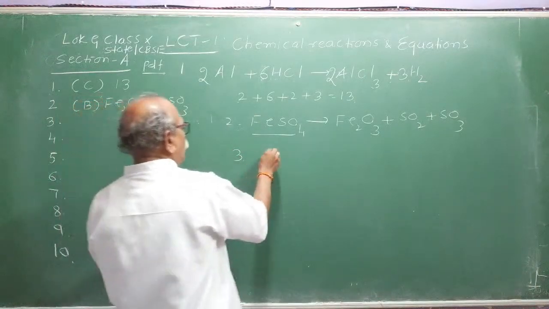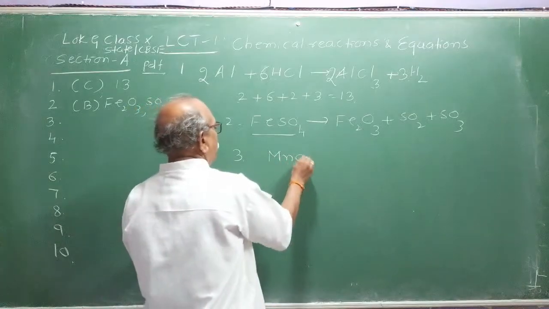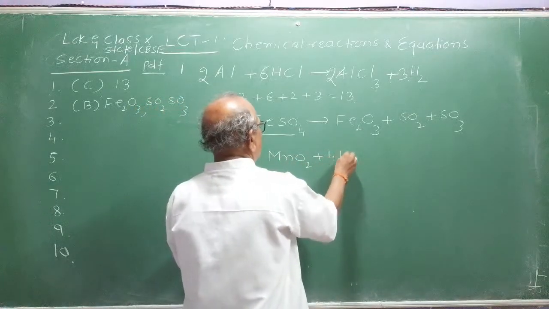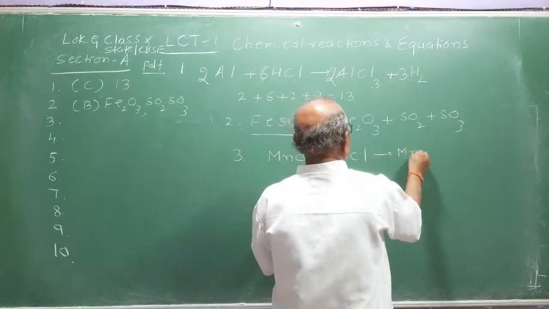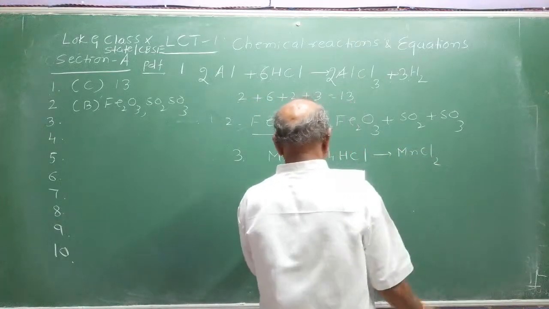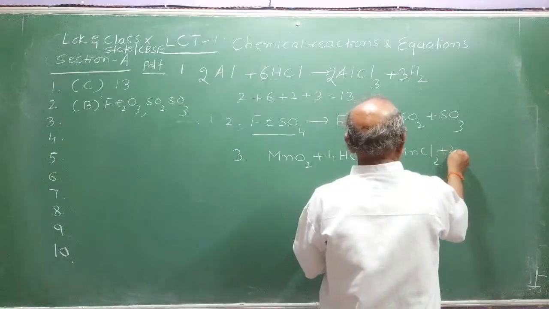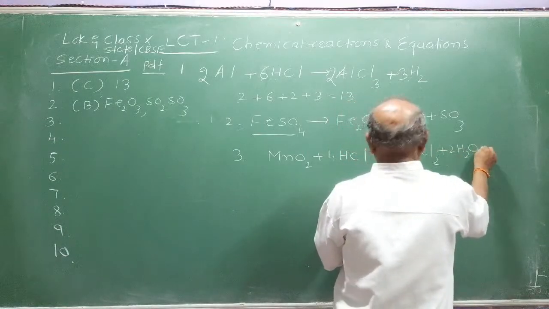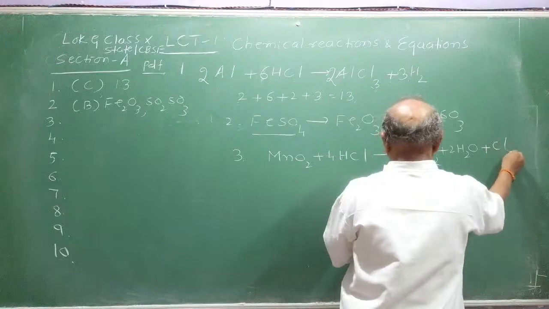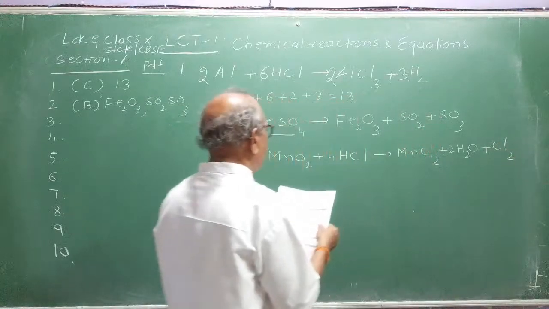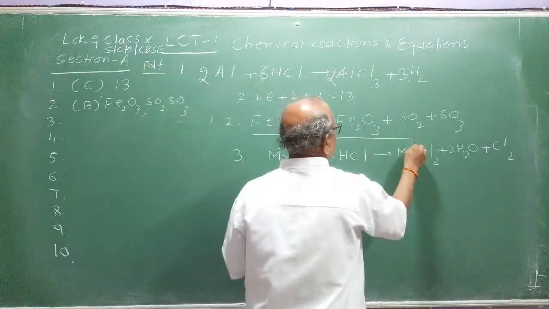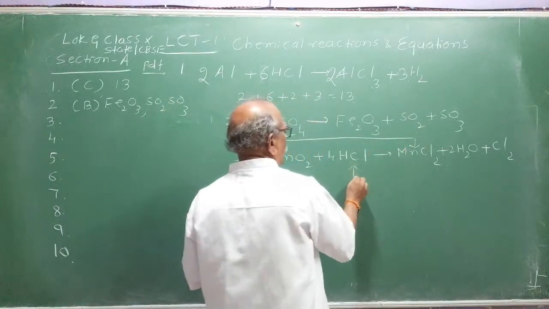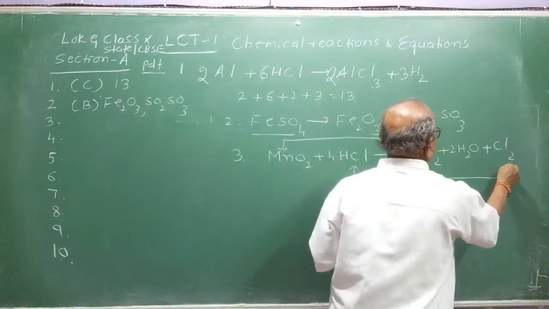MnO2 plus 4HCl was the question given. You get MnCl2 plus 2H2O plus Cl2. We studied this in the class. The substance that is oxidized is, observe here, manganese dioxide is converted to manganese chloride, hydrogen chloride is converted to chlorine.